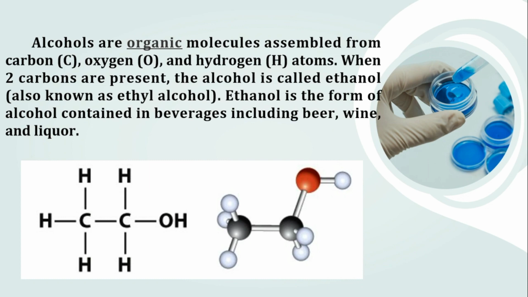As we can see in the picture below, that is the chemical structure of alcohol, where C stands for carbon, O stands for oxygen, and H stands for hydrogen. It is stated there that beer, wine, and liquor also contain alcohol, which is ethanol.